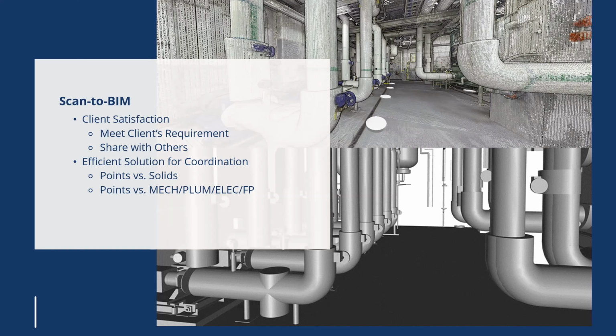Because first, the model elements in the BIM model are solids, not points. Second, with point cloud, it is hard to tell what we are having issues with. Are we having conflict with the plumbing piping or process piping? Currently, there is no easy way to quickly break down the point cloud into different disciplines for coordination.